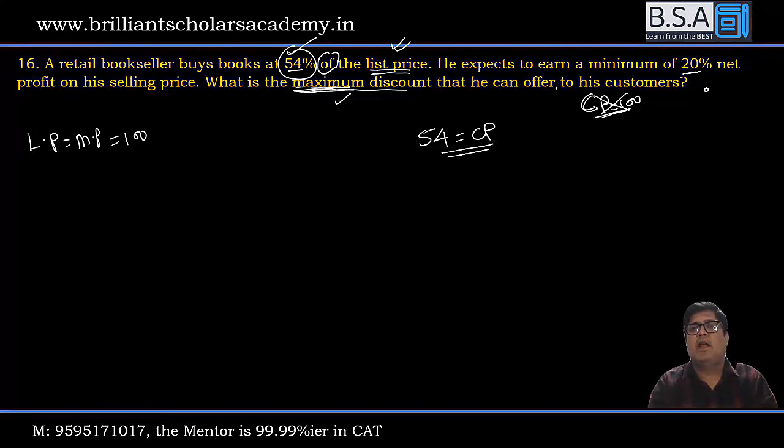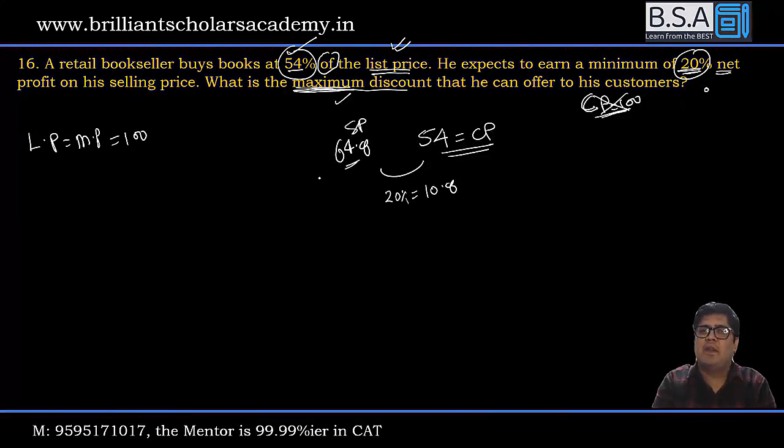Simple. How much profit does he want? Net, he wants 20% profit. Now, what is 20% of this? 10% is 5.4, so 20% would be 10.8. So when you add 10.8, it becomes 64.8. That is the selling price. How much discount can you expect? How much reduction can you expect?